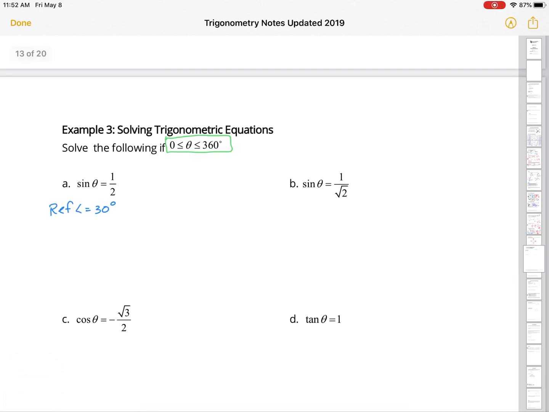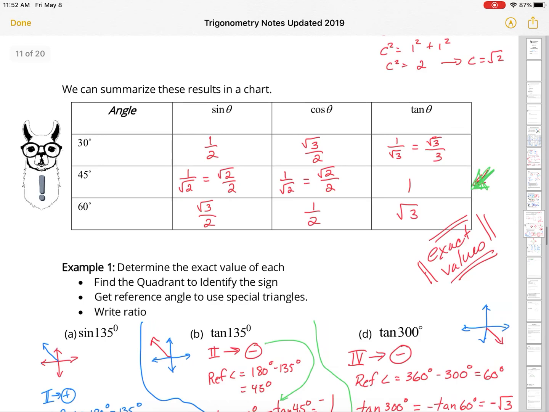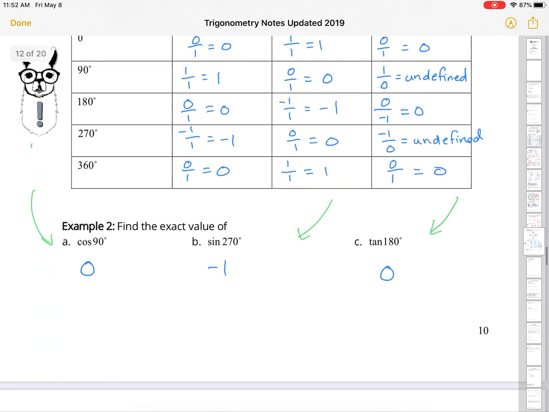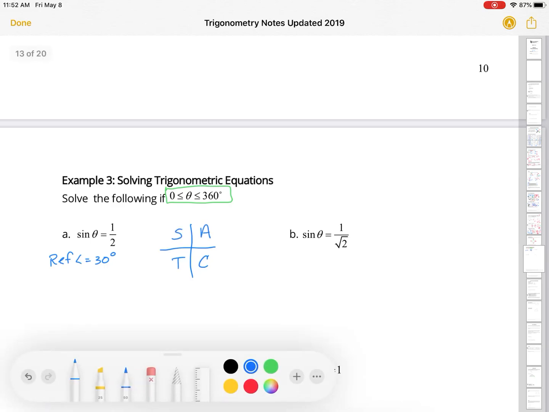So this is using your special triangles. If sine is 1/2, that means my reference angle is equal to 30, right? If I look back at that other page where we have sine equal to 1/2, that's right here, that the reference angle is 30, okay?